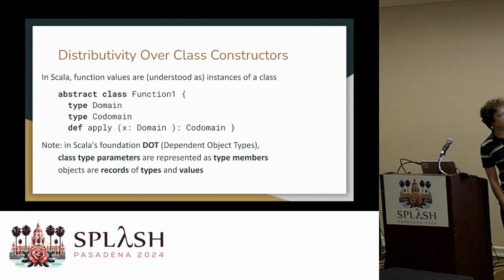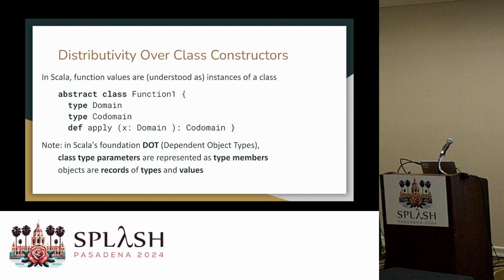In the standard library, Function1 takes two type parameters, but in terms of foundations, Scala is defined in terms of the dependent object types calculus. And in this calculus, you don't have actual type parameters for classes. These are syntax sugar for type members. So it's like you have types inside the abstract class, and they don't have a given value.